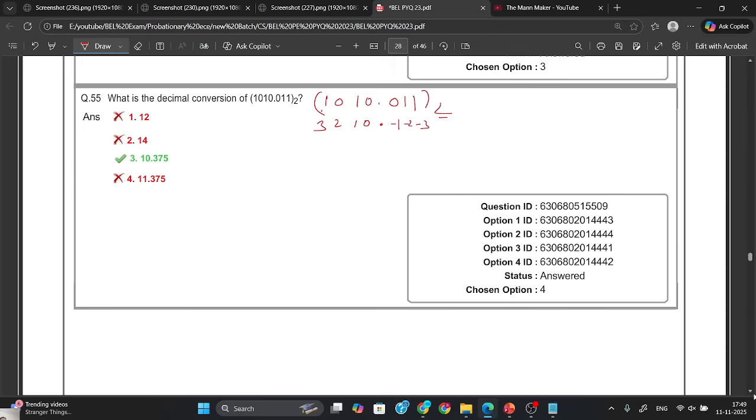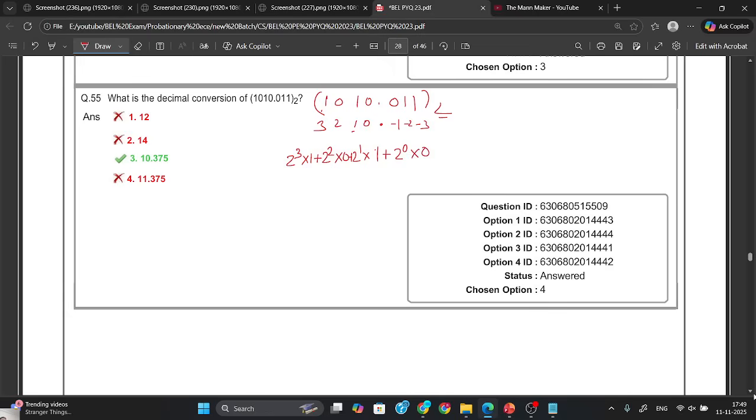This is base 2. So 2 to the power 3 into 1 plus 2 to the power 2 into 0 plus 2 to the power 1 into 1 and plus 2 to the power 0 into 0. Okay.